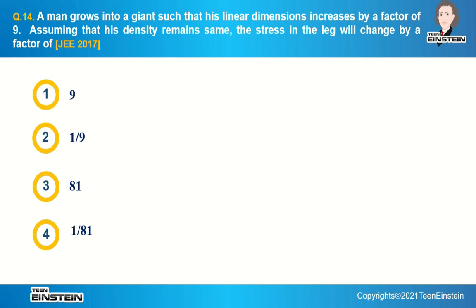Stress is generally given by force per unit area, and we consider force per L into B. Now the dimension is increasing by a factor of 9, so the new L, L dash, will become 9L, and B dash will become 9B.